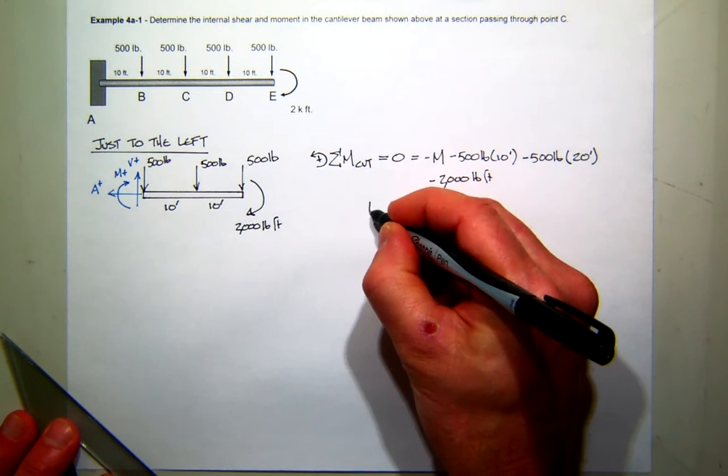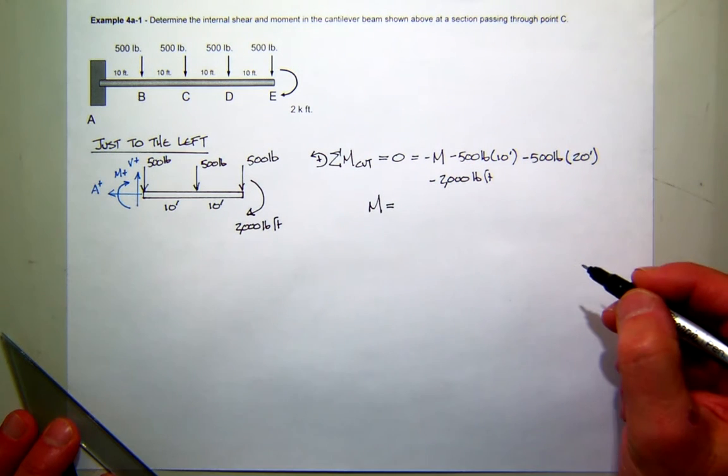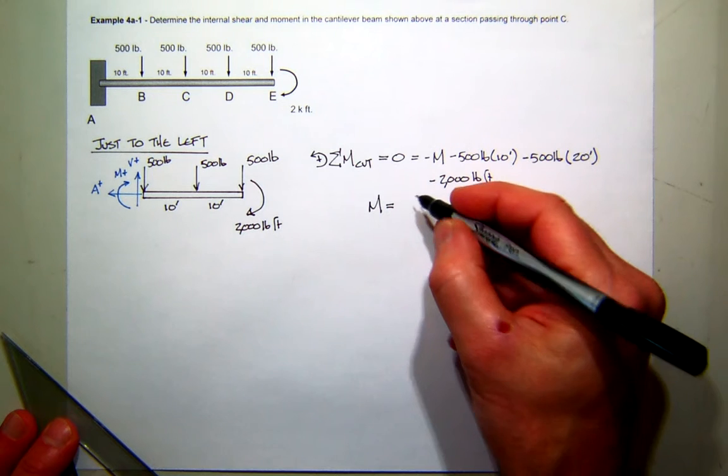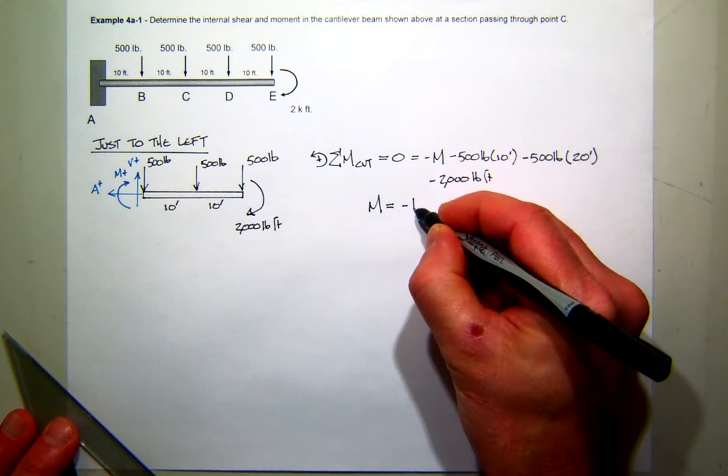When I solve for M, I get a negative, is that 17,000 pound-feet? Yeah. That's negative 17.